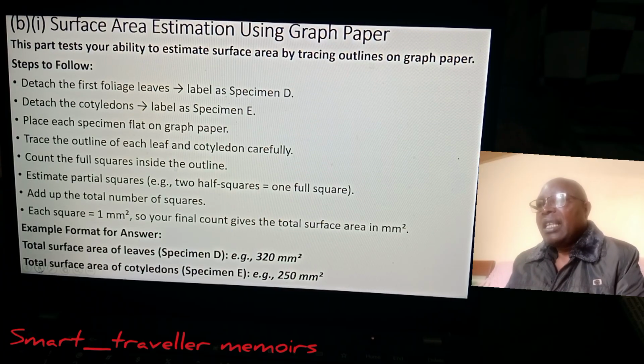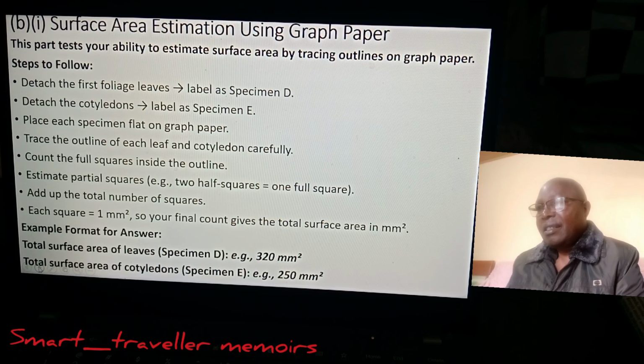Count the full squares inside the outline. Estimate partial squares, e.g., 2 half squares is equal to 1 full square. Add up the total number of squares. Each square is 1 millimeter squared, so your final count gives the total surface area in millimeters squared.